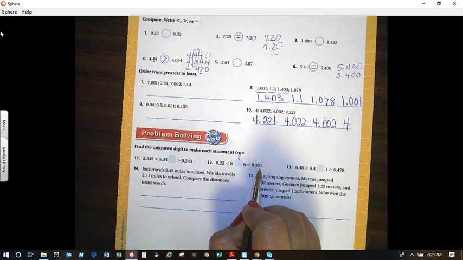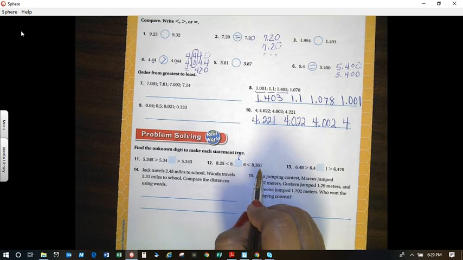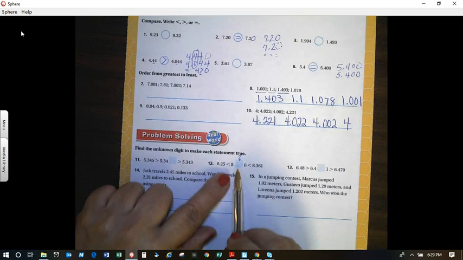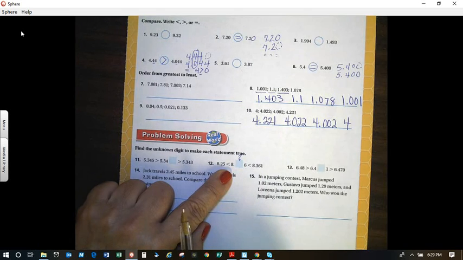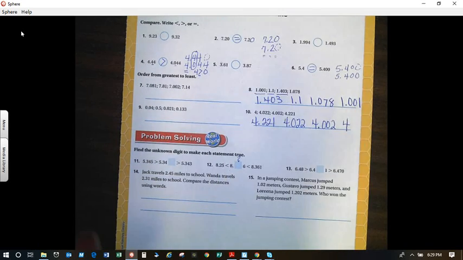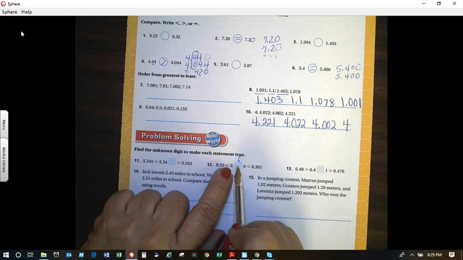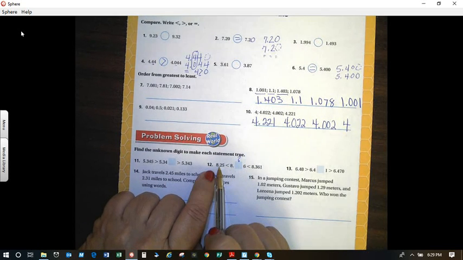So what number could you put in here that would help you know that this number here needs to be less than this number? Yeah, you can do any of the numbers then, but remember that whatever you put here, it's got to be greater than here.